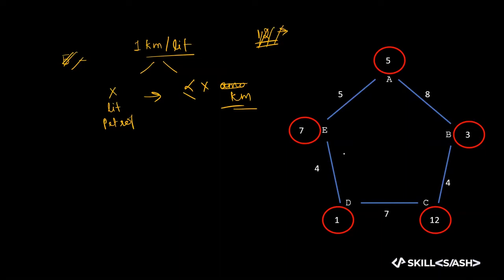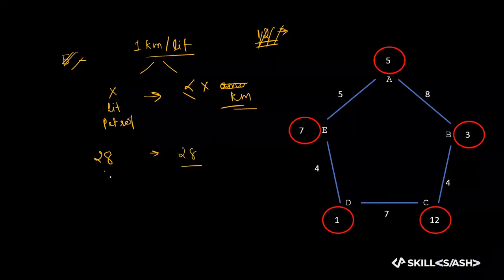So see over here, how much do we have? 5 plus 3, 8 plus 12, 20 plus 8, 28 liters of petrol we have. And how many kilometers are we thinking to travel? 8 plus 4, 12. 12 plus 7, 19, right? 19 plus 9, 28.